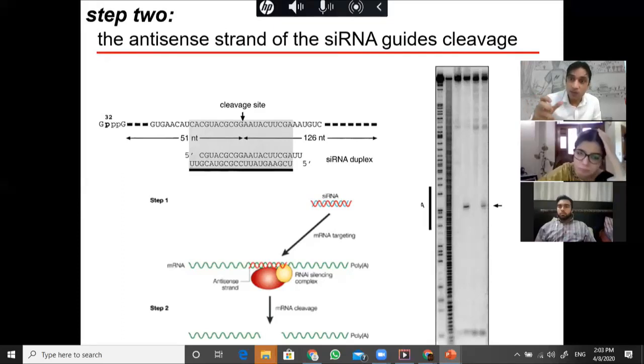You pack those double stranded nucleotides and throw them within the cells. Once they are within the cell, they will be chopped into simpler components called small interfering RNA. And in the second stage, one of the fragments is loaded on the RNA silencing complex and will find a complementary messenger RNA. Once the complementation is done, the messenger RNA will be destroyed.